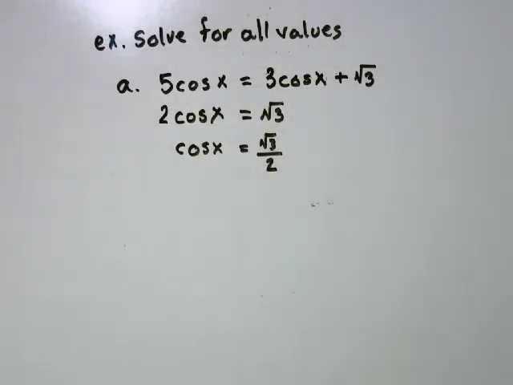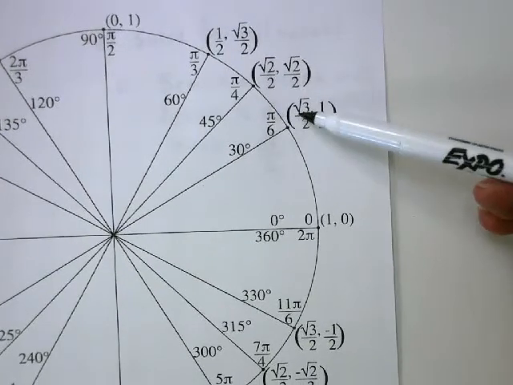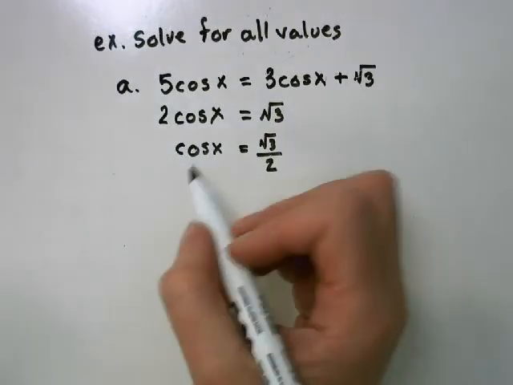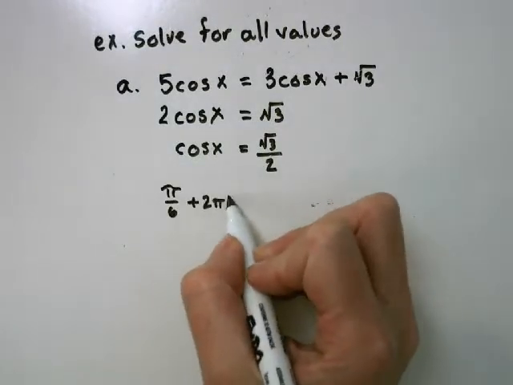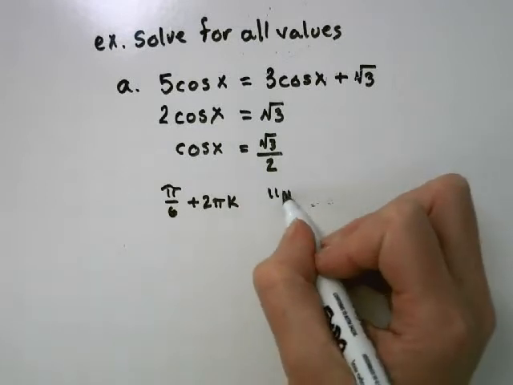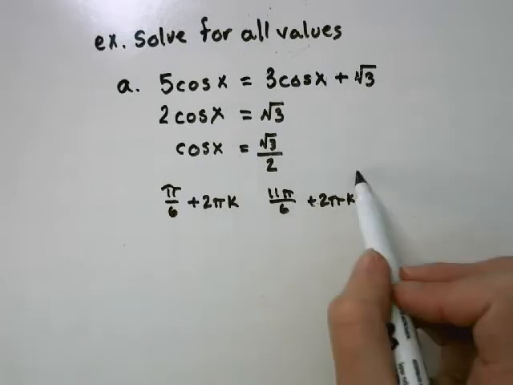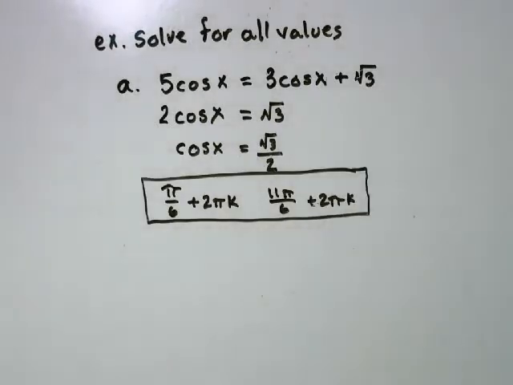So we're going to find the two locations between 0 and 360 where our cosine is root 3 over 2, where our x is root 3 over 2. So that's going to be here at pi over 6 and at 11 pi over 6. And then we're going to add 2 pi k. Now we should usually define k every time, but I'm okay with just the understanding that we all know it's going to be an integer.